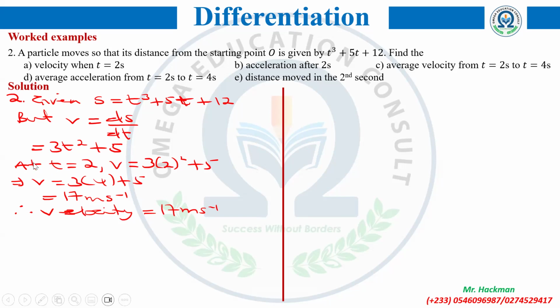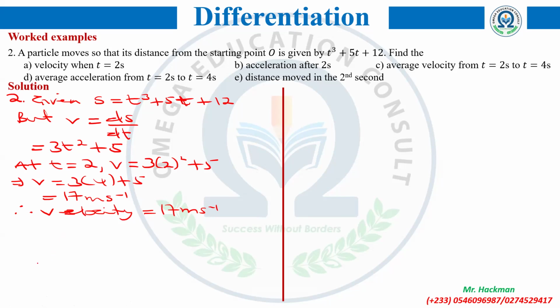You give us the value of the velocity at t is equal to 2. So that value is what you conclude with. You don't attach anything here. Is that okay? All right, great.